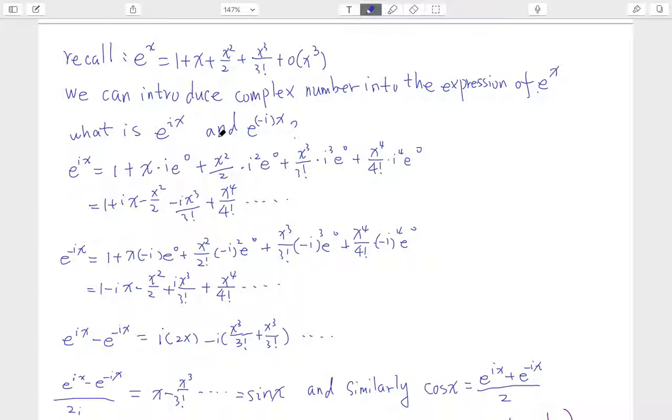So, let us recall what the formula of Euler to the x takes as its form. It's something like that. Just one thing I should stress at this point, that is this little o notation.